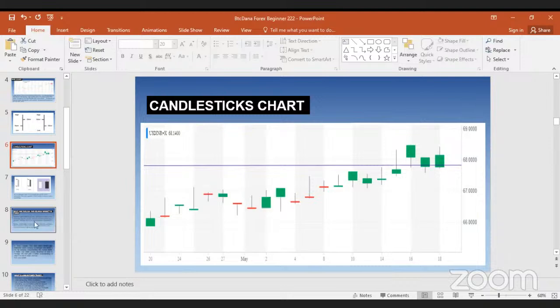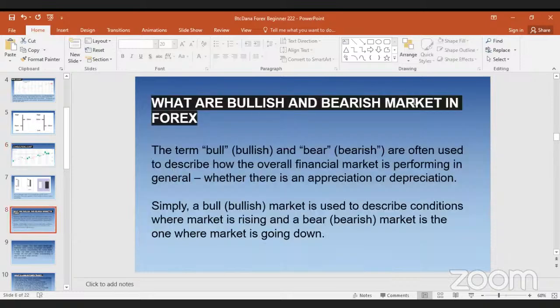That is what the bullish and the bearish market is for. They show us the performance of the market in general, whether there's an appreciation or a depreciation in the market. There's no way you want to analyze your market without the bullish and the bearish forex chart.